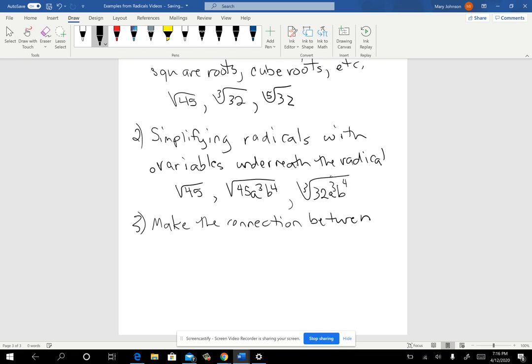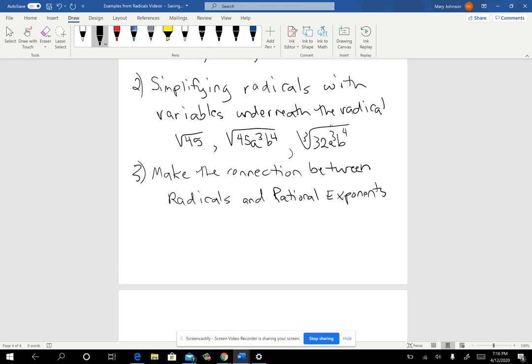Okay. Another thing we're going to do is we're going to make the connection between radicals and rational exponents. For instance, when you had like the cube root of 32, that means the same thing as 32 to the 1/3 power.